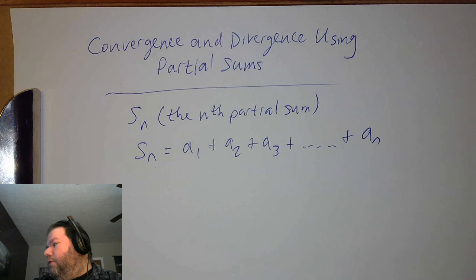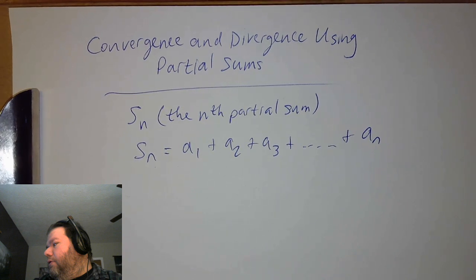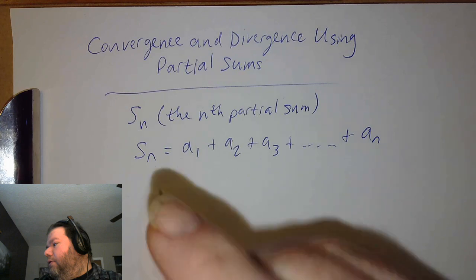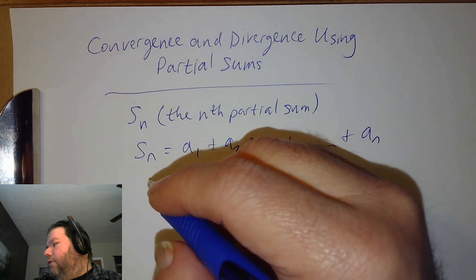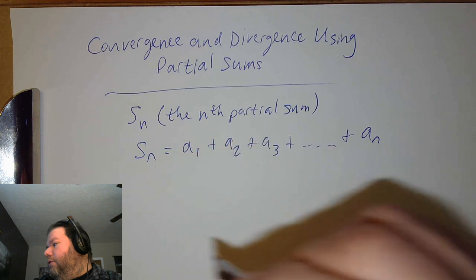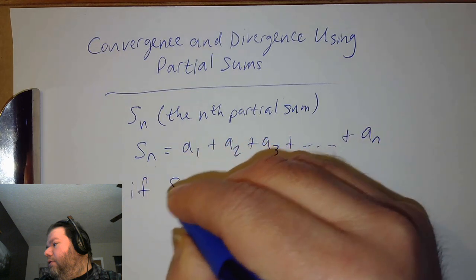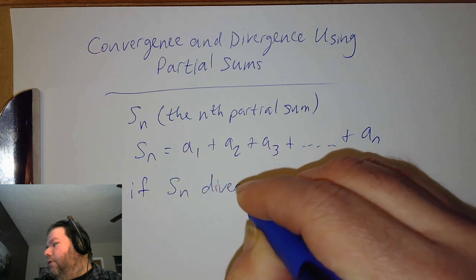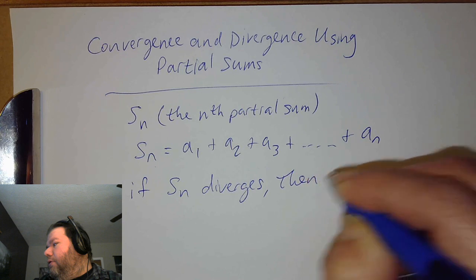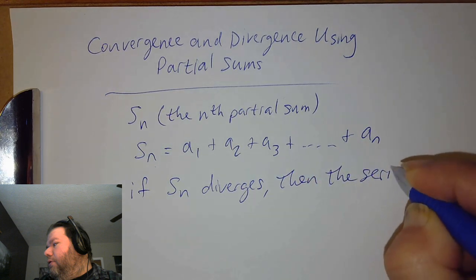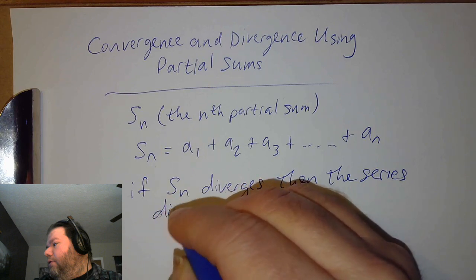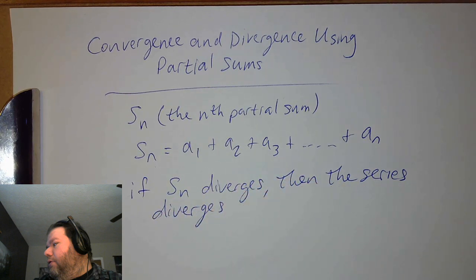And so it turns out that the limit of the series is equivalent to the limit as n goes to infinity of S sub n. So if S sub n diverges, then the series diverges.